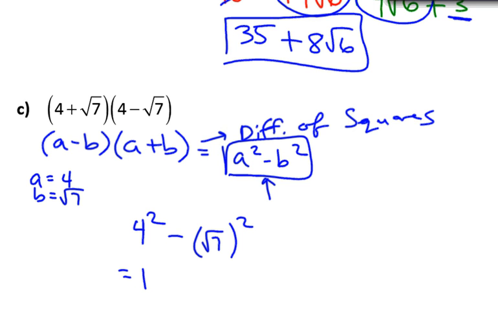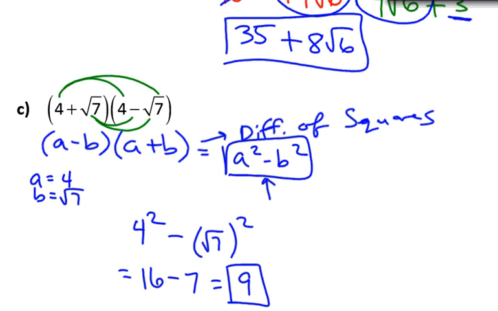So then this would be 16 minus square root of 7 squared, which would just be 7, and 16 minus 7 is 9. Okay, so that's kind of a shortcut there, but like I said, if you don't recognize that difference of squares, then you could have just double distributed, just like we did in the first two examples. All right, so that is operations with radicals.